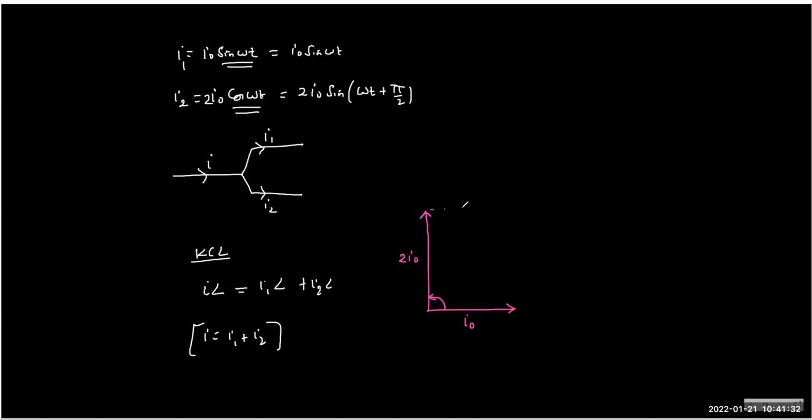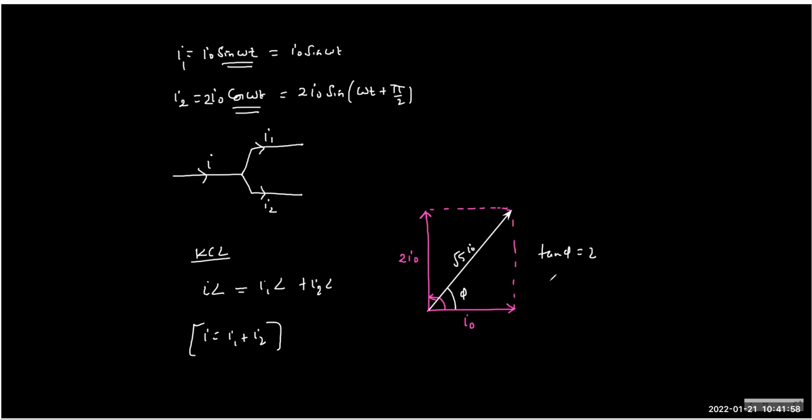And now the resultant of this will be how much? If you add these two, what will we get? We have done this already. This is root 5 I naught. Correct? And what is this angle? You know, this is tan phi equals 2.